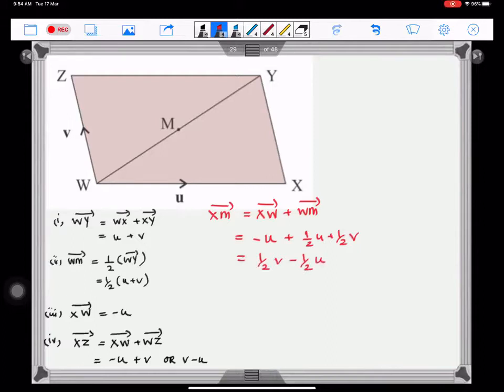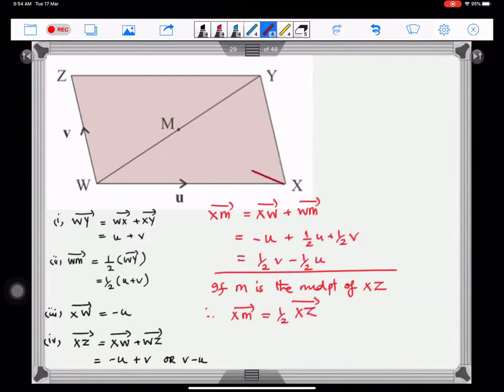Okay. Now, what should I do? I have XZ. I have XM. If M is the midpoint of XZ, then it's necessary that XM should be half of XZ.